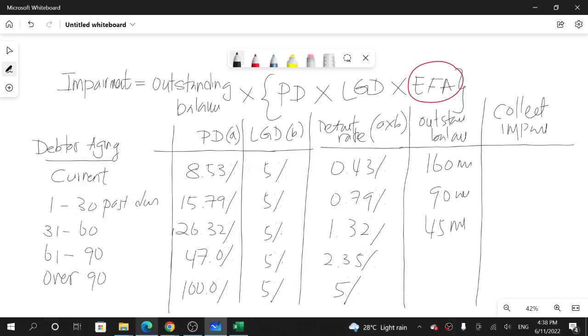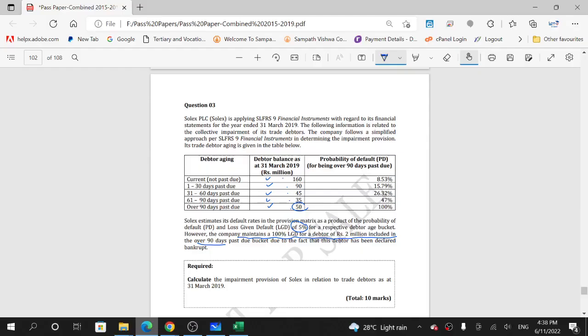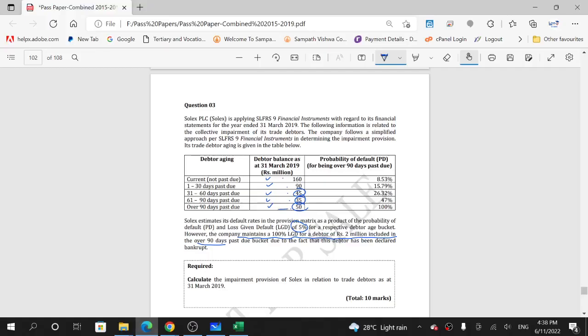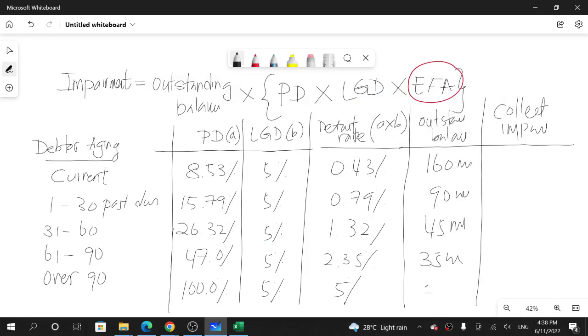So when you are taking the final bucket, you take 45, then 35, then you have 50, but don't take 50, rather you can take 48 million here, because for them we have to calculate the individual impairment. The reason for individual impairment is that he's a fully bankrupt person, so we have to provide 100%.